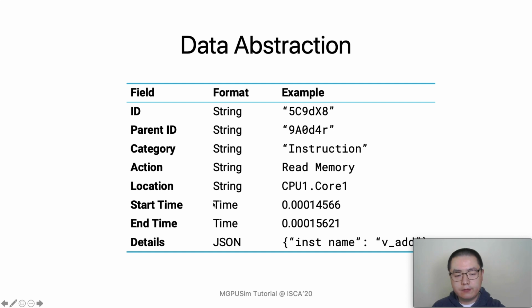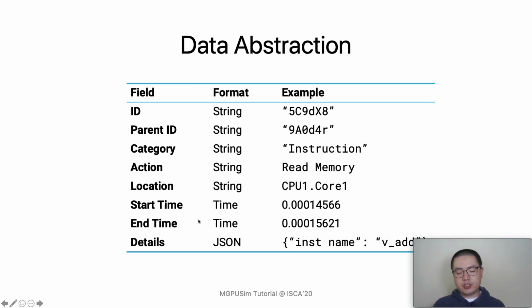Now we also have this field called location, so that we know which component is actually executing this task. We assume that every task only executes in one location, in one component. If one task needs to be executed by multiple components, then we need to divide this task into smaller tasks.